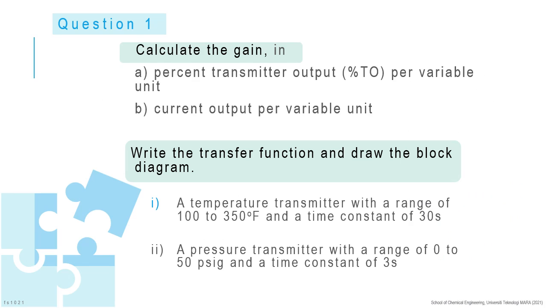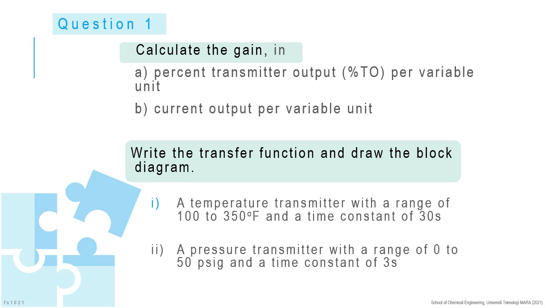By now, I'm sure all of you can relate to the important terms in the sensor transmitter combination, which are the span, range, and also zero. With this information, you need to apply it in order to calculate the gain of the transmitter. Try to solve question 1, which is divided into two subsections.